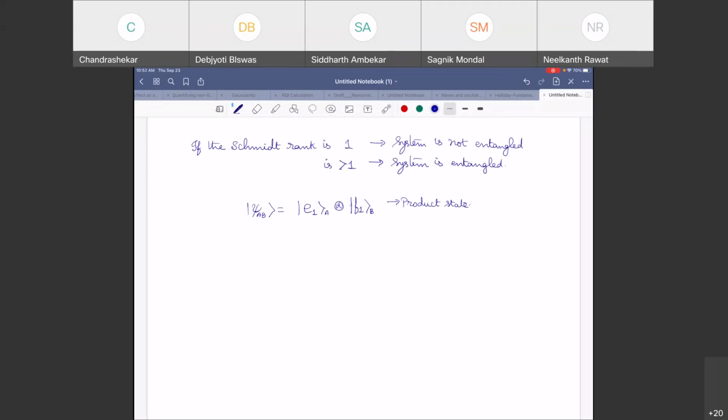Then we can look at the entanglement entropy.